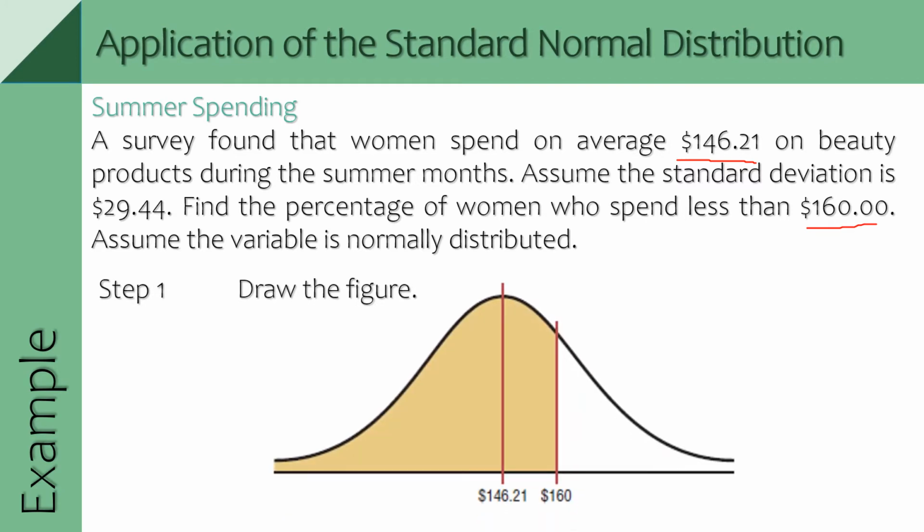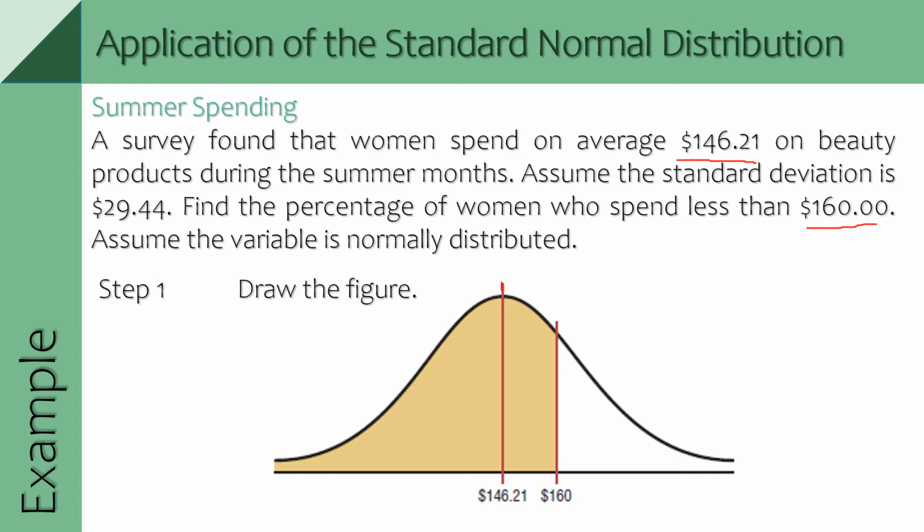So this is our figure: 146.21 is the mean or the average, the middle part of the curve, and 160 is on the right side of 146.21.